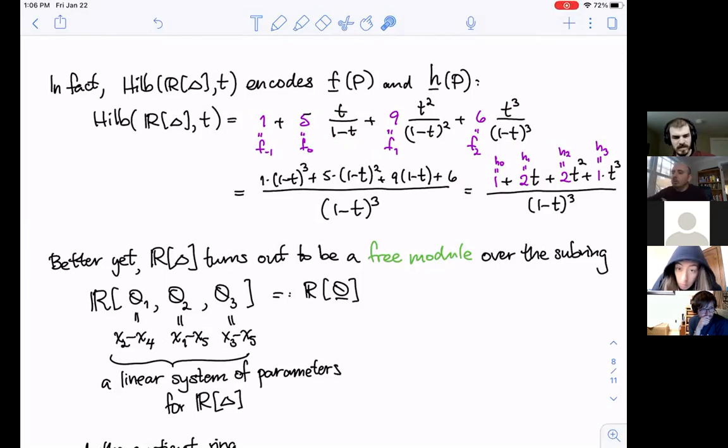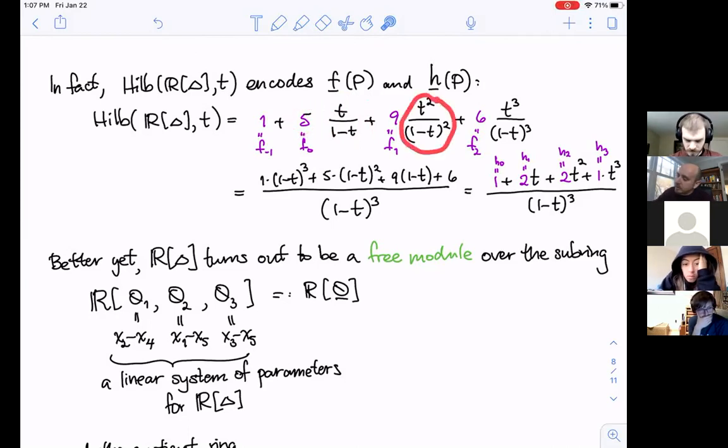And the reason is, we'll prove this later, but you might want to think about this yourself. What we're doing here, this t over 1 minus t is really t plus t squared plus t cubed. It's an infinite geometric series. And this is counting the contribution of, for example, the things that are supported on vertex 1, like x1, x1 squared, x1 cubed, dot, dot, dot. That contribution of the generating function for those powers of x_i would be t over 1 minus t, and there's 5 vertices like that that contribute.